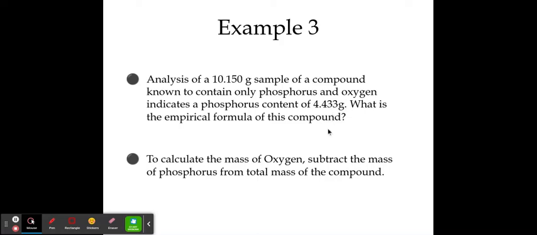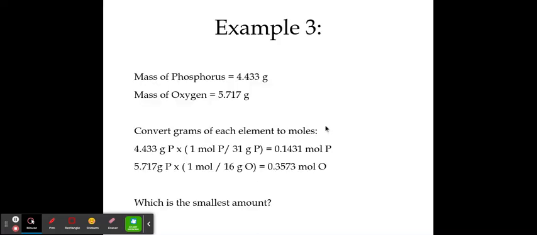Now, what is the empirical formula of the compound? Okay. Well, first off, we have our phosphorus is 4.433, and our mass of oxygen is 5.717. All right. So then we have grams of phosphorus and grams of oxygen.